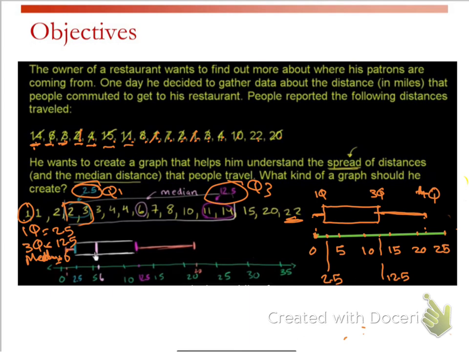So where is the median of the full sample? At 6. So 6 is here, so it will be here. So this is the shape. This is my whisker. This is the box and whisker plot, and this is Q1 and Q3.